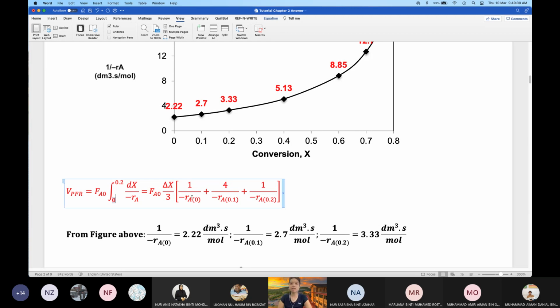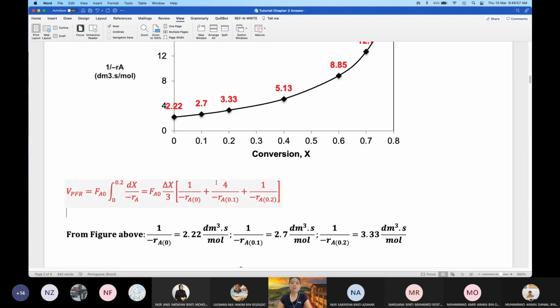So 1 per minus RA when my X is 0, because my lower limit X saya adalah 0, plus 4 per minus RA at my middle conversion. So my initial conversion was 0, my final conversion 0.2, my middle conversion will be 0.1.